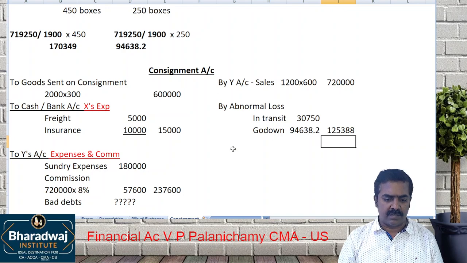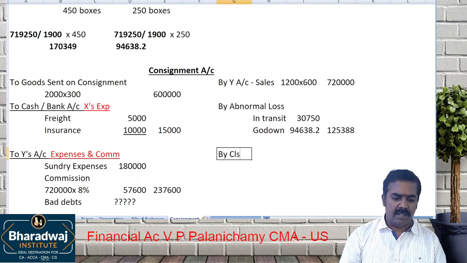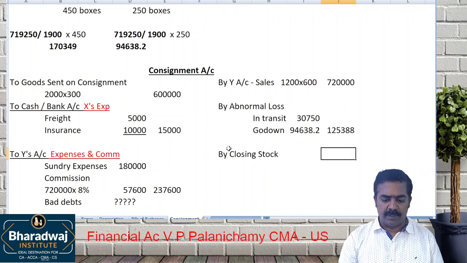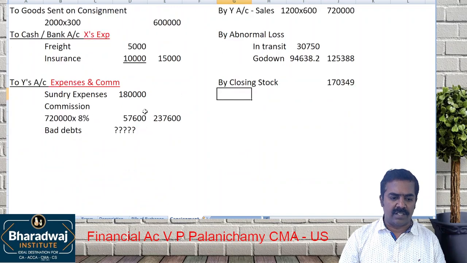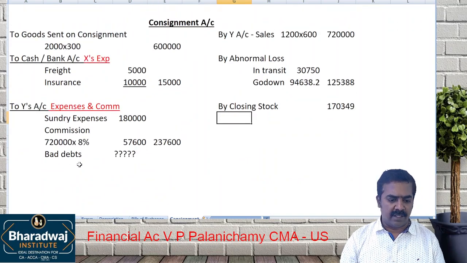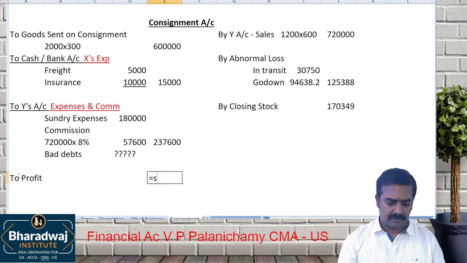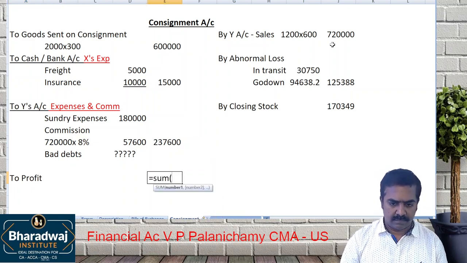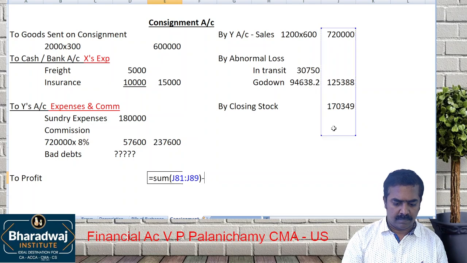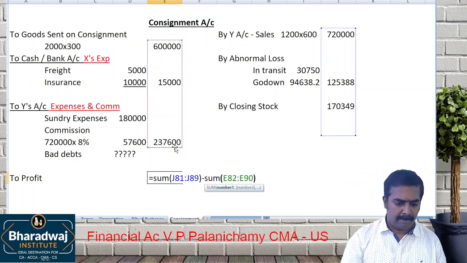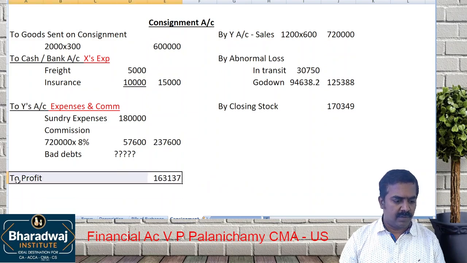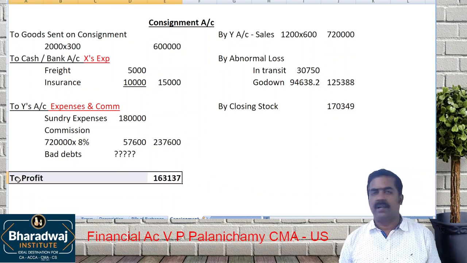Then closing stock: how much have we valued it at? 1,70,349. When we tally, it is a profit. This is a profit on consignment.